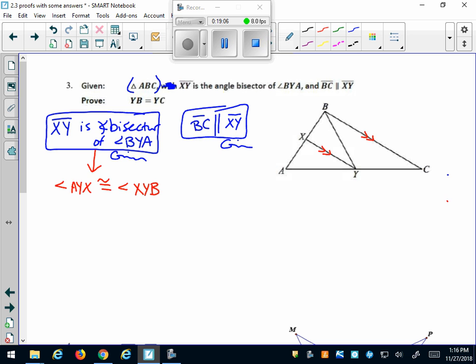Yep. So in our diagram, we can mark AYX congruent to XYB. What's the reason here? Definition of bisect.